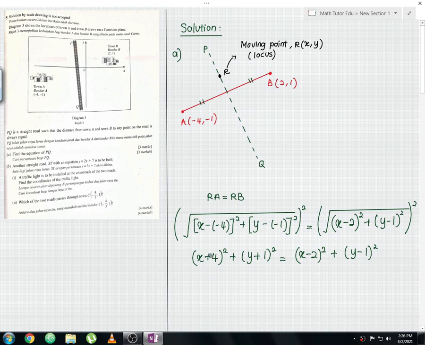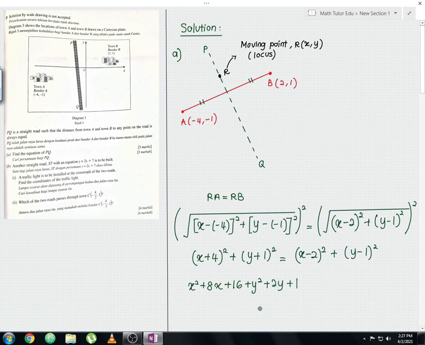Okay, so this (x plus 4) square, (y plus 1) square, (x minus 2) square and (y minus 1) square, we're going to expand them. So let us start with the left hand side. (x plus 4) square, you should get x square plus 8x plus 16. As for (y plus 1) square, you should get y square plus 2y plus 1.